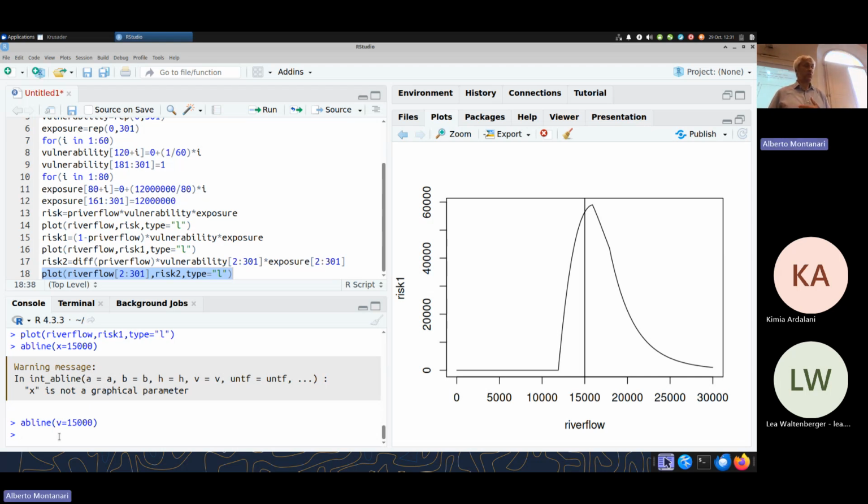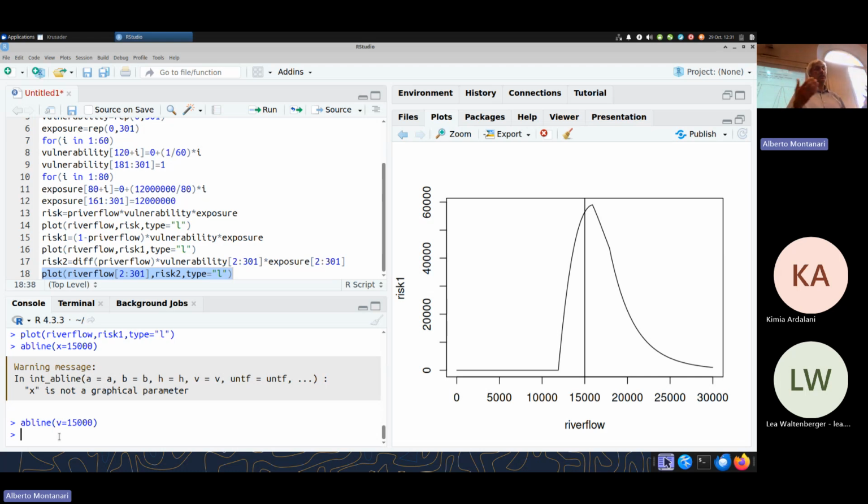If I use only the density, it gives me only the value that I save every year for a river flow of 15,000, but I may get a higher one. I think this is the concept that you should get. If you make an intervention, it depends on how you change the vulnerability curve or the exposure curve. Then you compare what you save for a given river flow or higher every year.